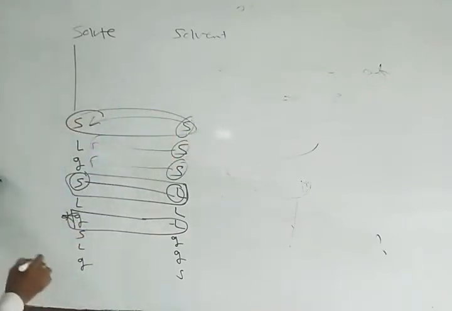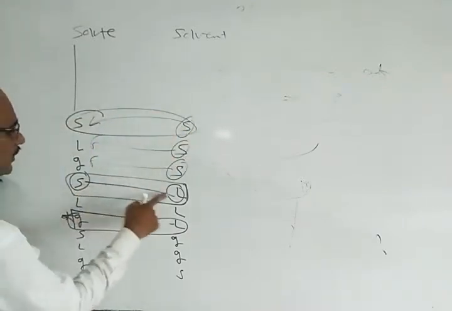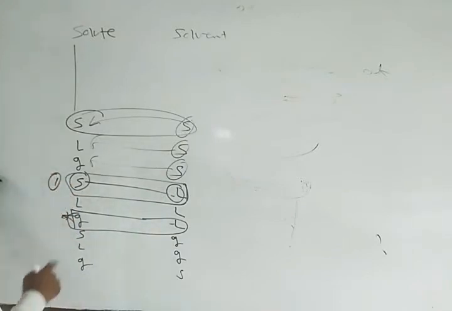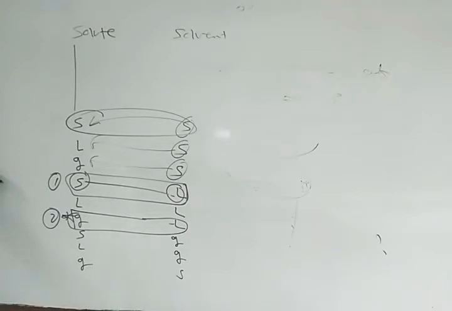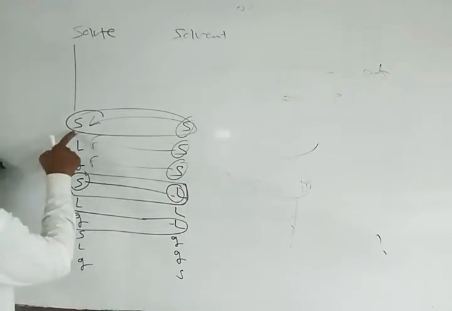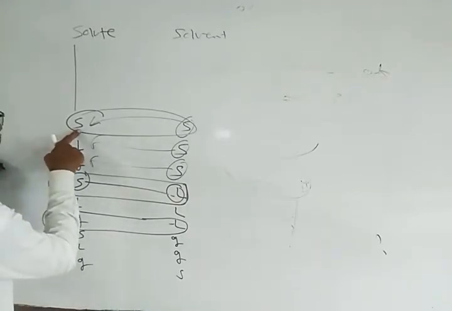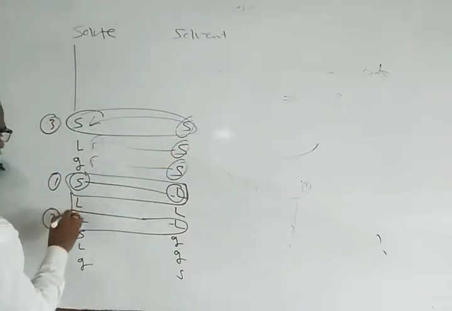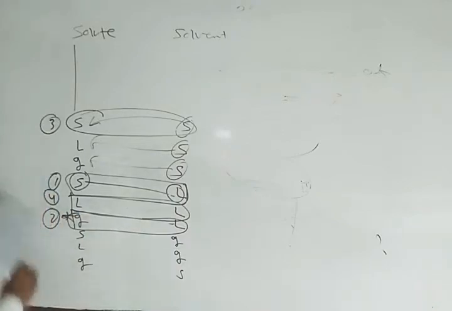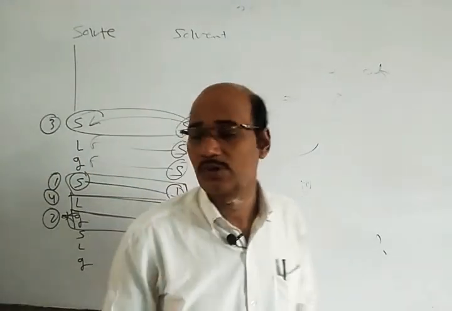So these four we will discuss: solid solute in liquid solvent, gaseous solute in liquid solvent, solid in solid solvent, and also liquid solute in liquid solvent. These four are the important ones.